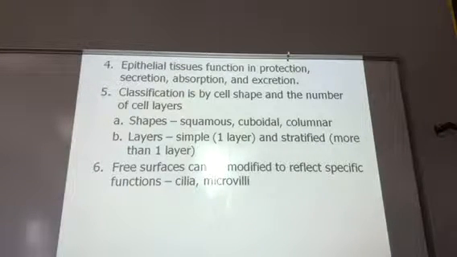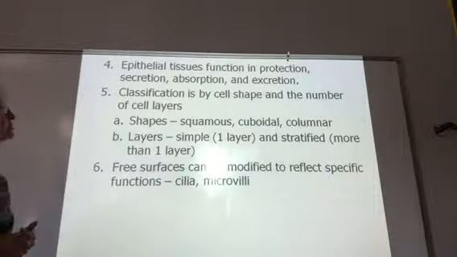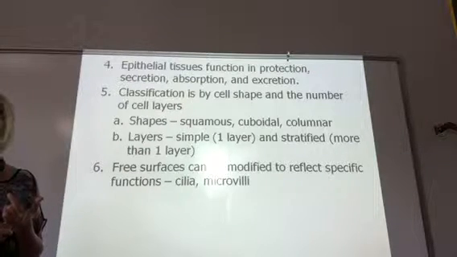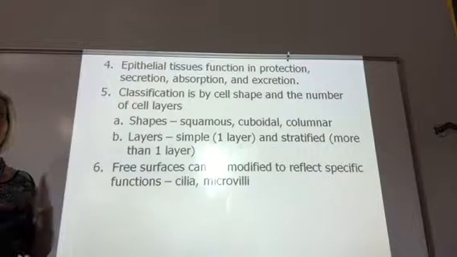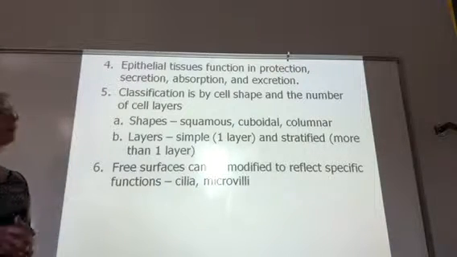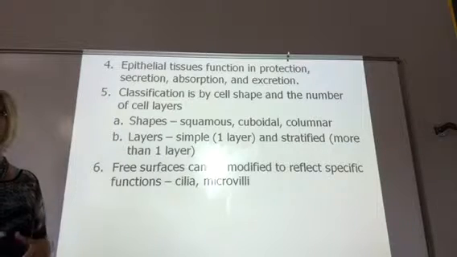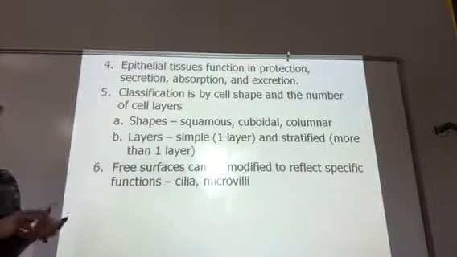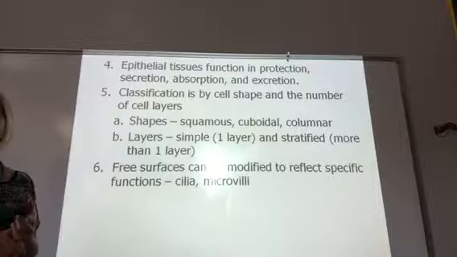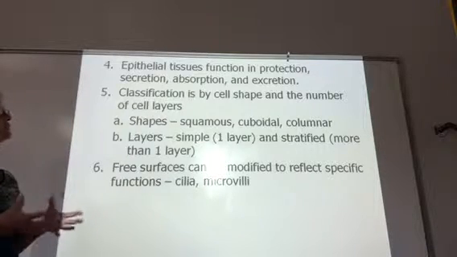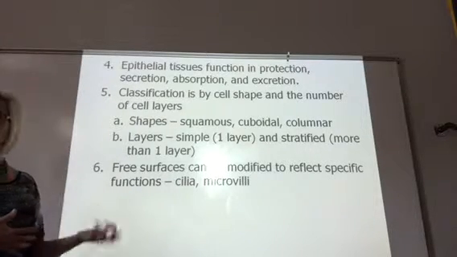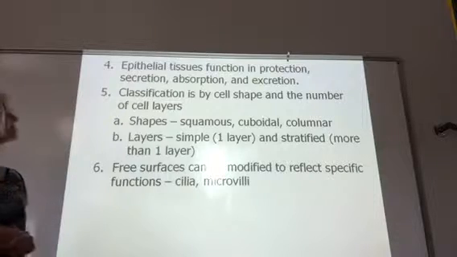The job of epithelial tissues is to protect. So in the instance of your skin, it basically protects everything inside of your skin. The lining of an organ, it's going to protect your organs. Secretion, so releasing of things, absorbing things, and excretion, getting rid of wastes.